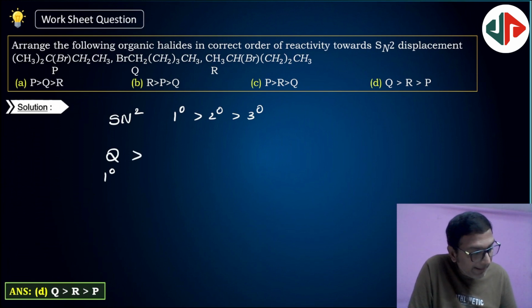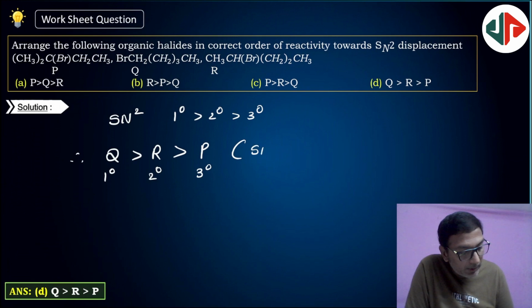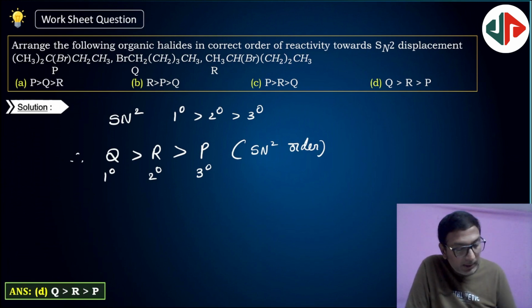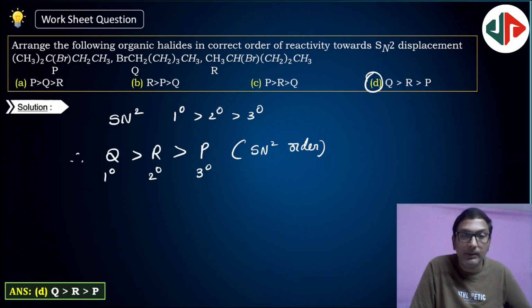After that, next R is secondary and P is tertiary. This is SN2 order. Primary alkyl halides SN2. Tertiary alkyl halides SN1. So option Q, R, P, D. Next.